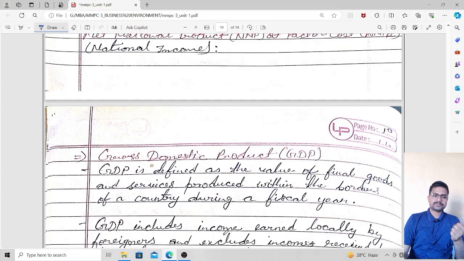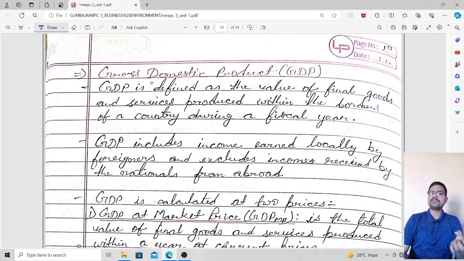Here, gross domestic product: this is defined as the value of final goods and services produced within the borders of a country during a fiscal year. That is known as GDP.